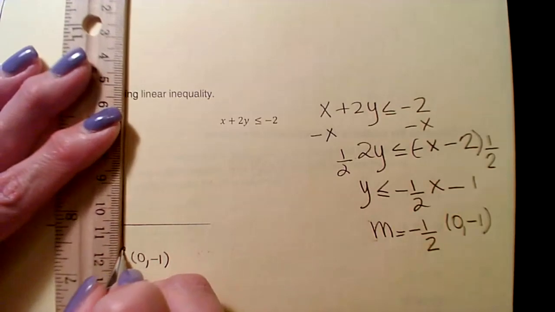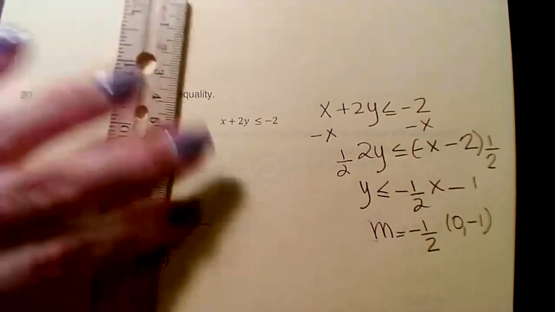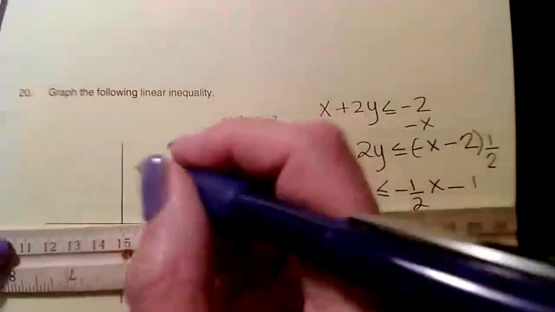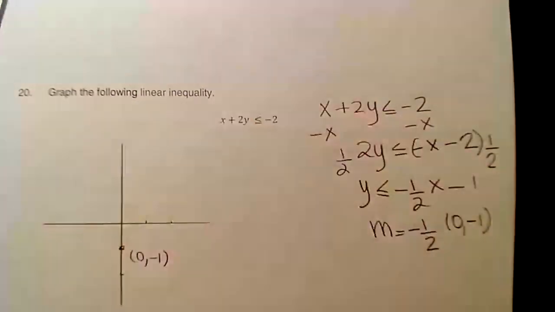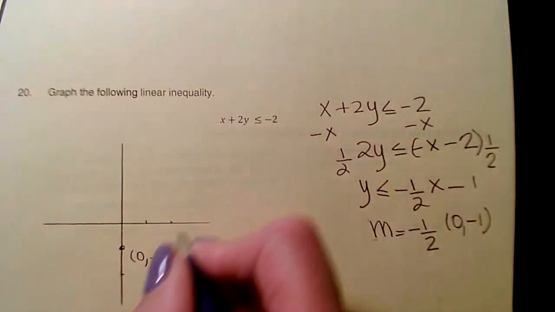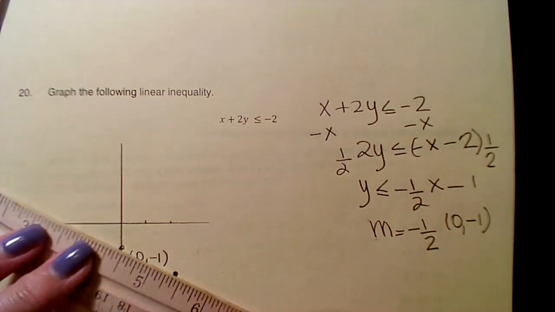So we're going down 1 and 2 to the right. That's the difference here. Okay? So we're going down 1 and 2 to the right. So we're going to end up right here. And the slope is going to be negative.